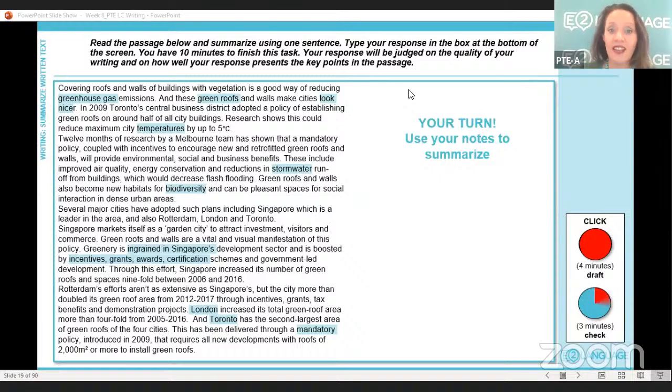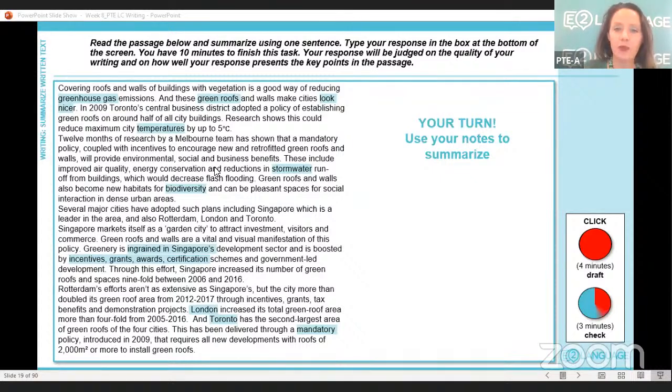So you could just say, and 12 months of research that a mandatory policy and incentives will encourage to have better air quality and energy conservation. Not bad. Let's have a look. 12 months of research by that a mandatory. Yep. Okay, looking good. Conservation such as in cities such as Singapore, London and Toronto have done.